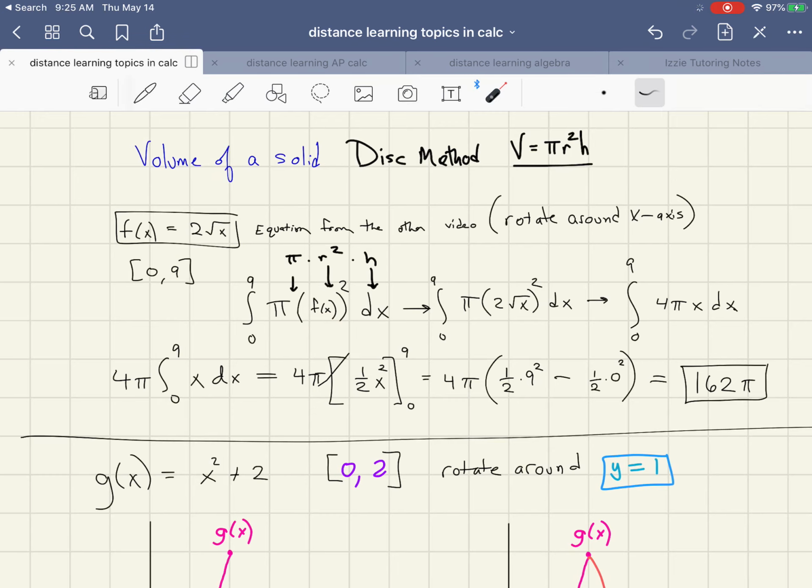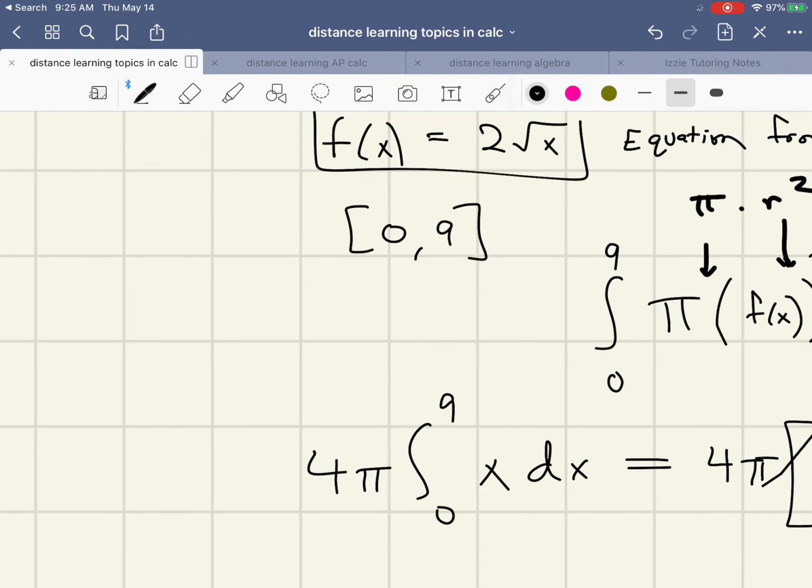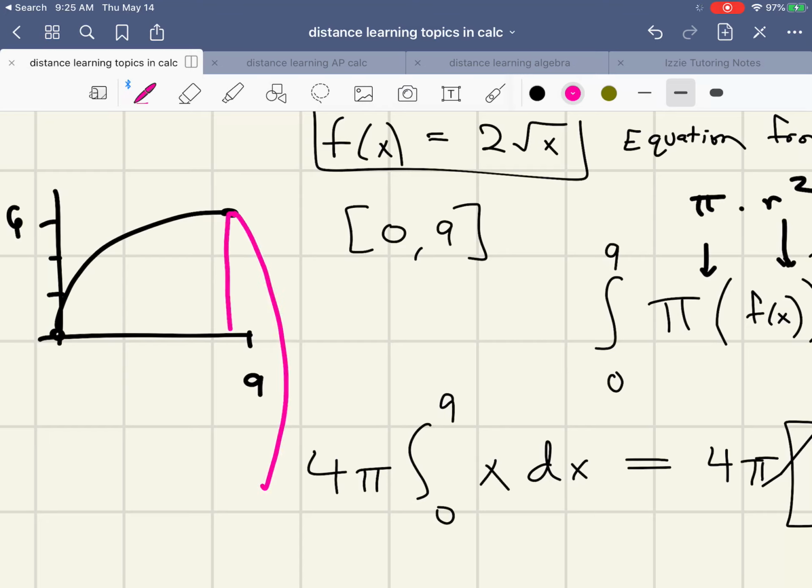Okay, so again, if we were to look at this scenario, here's 0, here's 9, 1, 2, 3, square root, call it 6. So what we're doing is we're rotating this around the x-axis, and it kind of looks like this.